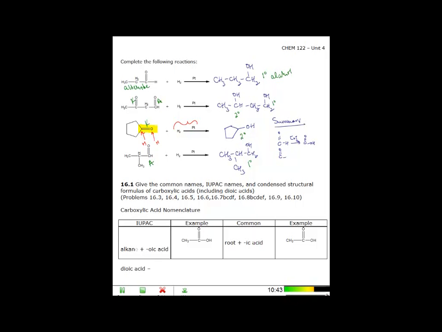Ketones cannot be oxidized, so no reaction. Aldehydes can be reduced to give primary alcohols. And ketones can be reduced to give secondary alcohols.